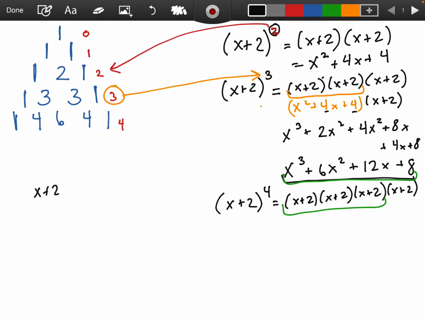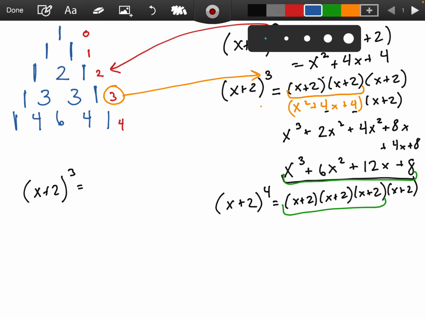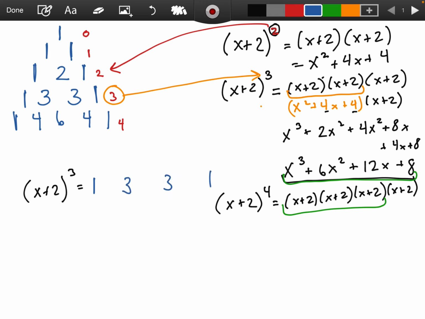So x plus 2 cubed. How is Pascal's triangle going to help us? Well, these are the coefficients, so I'm going to use 1, 3, 3, and 1. Now, what do I do with the rest of this stuff?